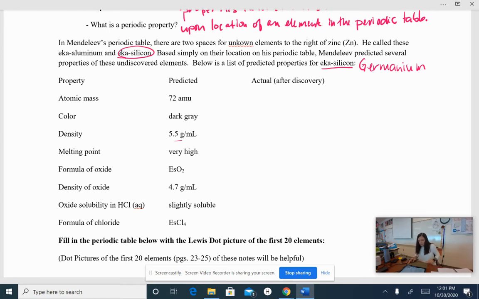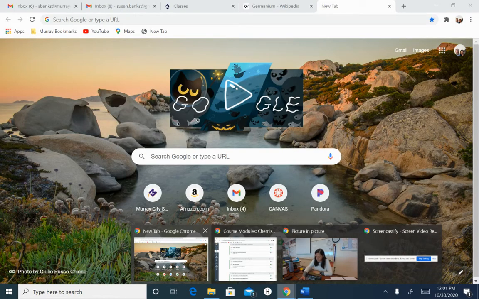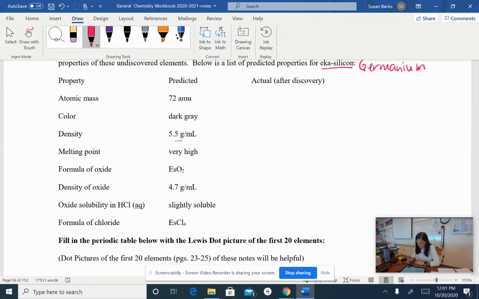Let's look on germanium's Wikipedia page and see what we got.